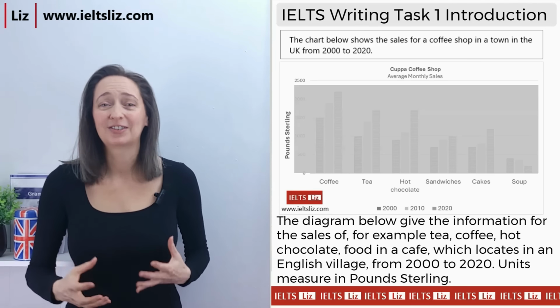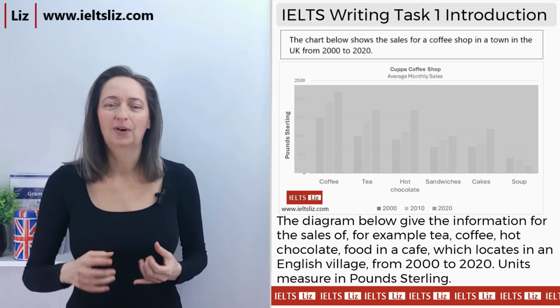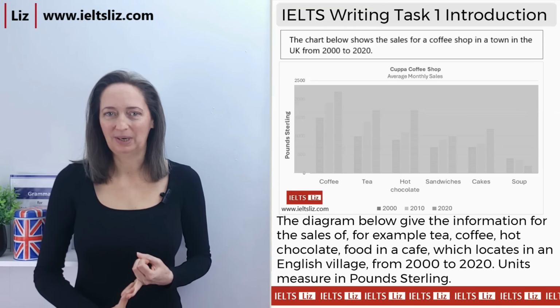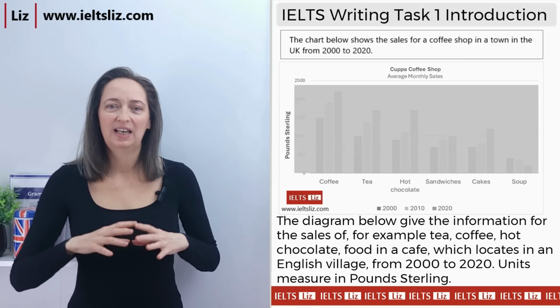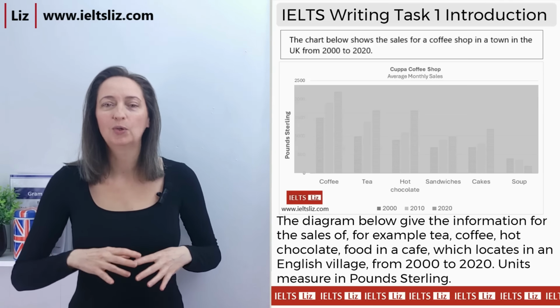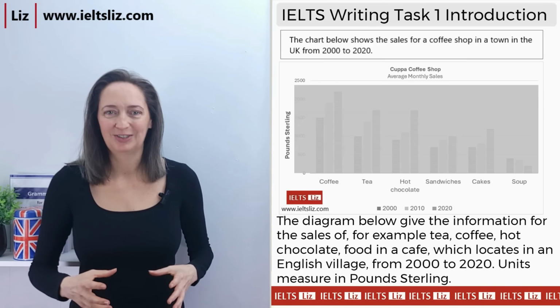But what type of errors are they? Well, obviously IELTS is an English language test, so you're going to find vocabulary errors and grammar errors. However, because in IELTS Writing Task 1, you've also got other marking criteria which relate to information.